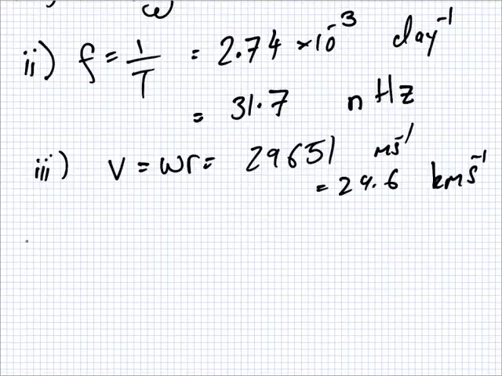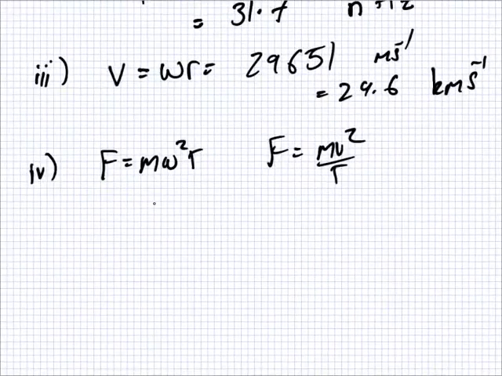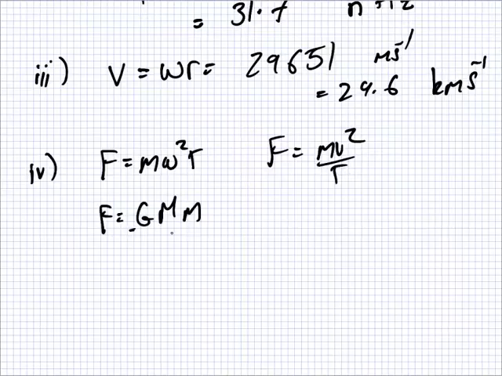Use the information to determine the mass of the Sun. F equals m omega squared R, or F equals mv squared over R. So M equals V squared R over G. Do you have to use Newton's F equals GMm over R squared?